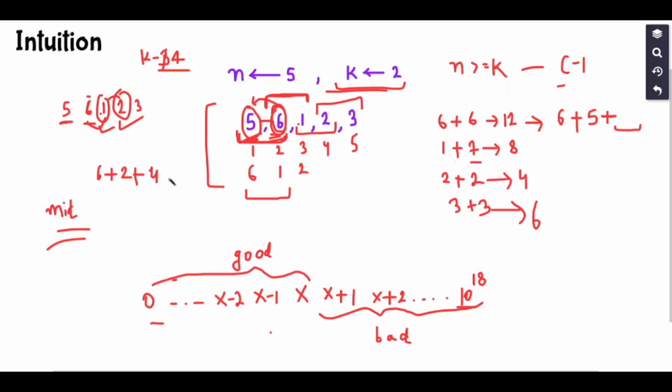Then I have 1 more minute. And in that minute I would be collecting the mushrooms from this position, and we would have 3 plus 3, that is 6 mushrooms. So after k minutes we are basically adding k mushrooms at every position.